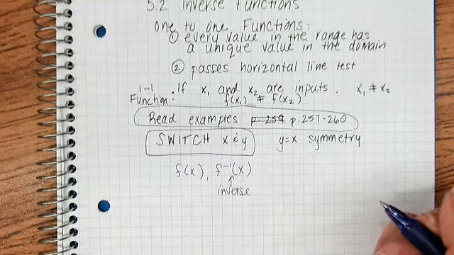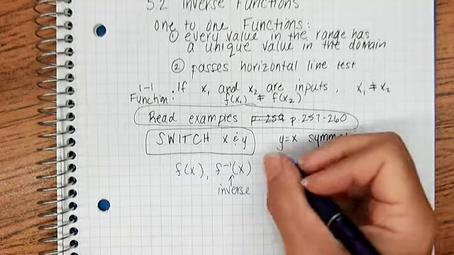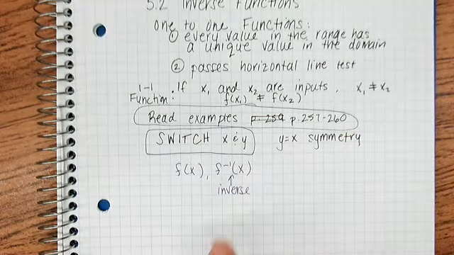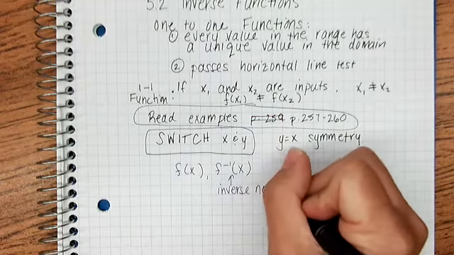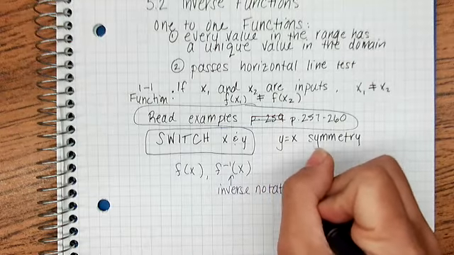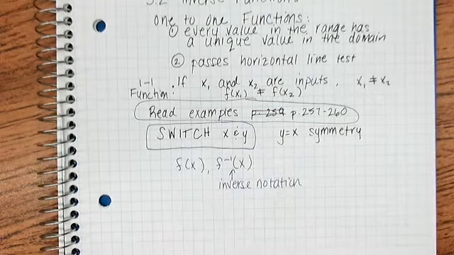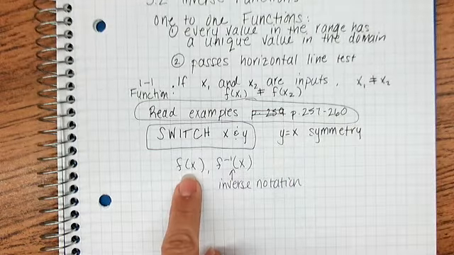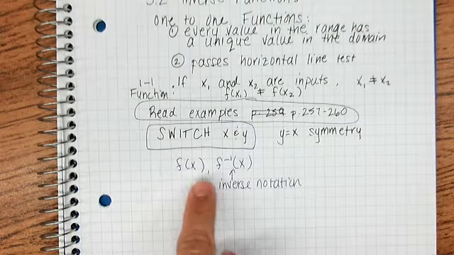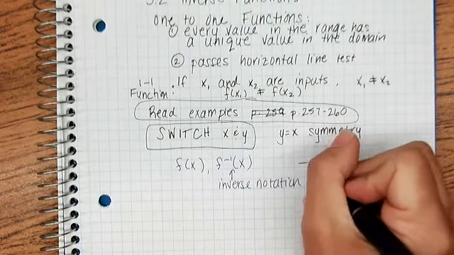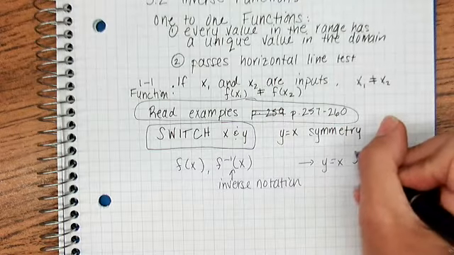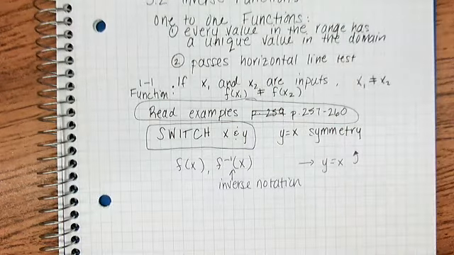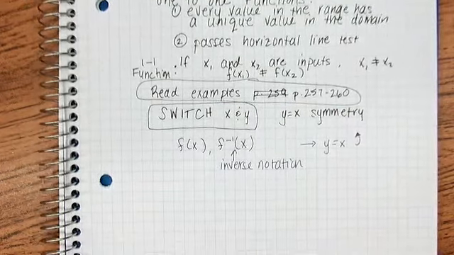We don't say f negative 1x, it's the inverse. The way that you read this is the inverse function of x. So this is inverse notation. And if you've done it correctly, the f and its inverse have y equals x symmetry.